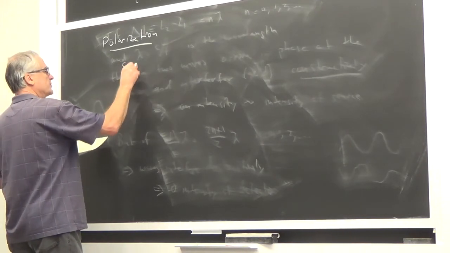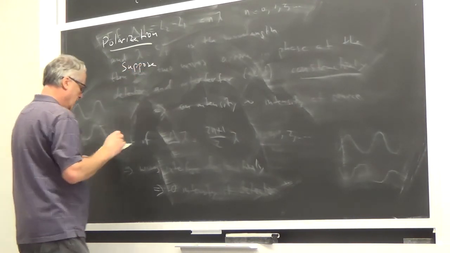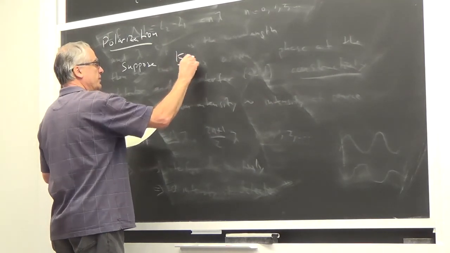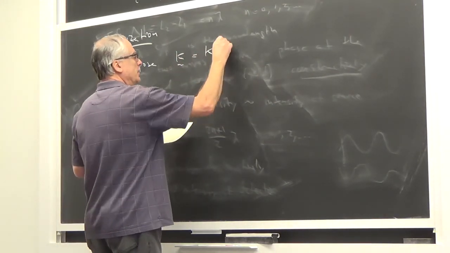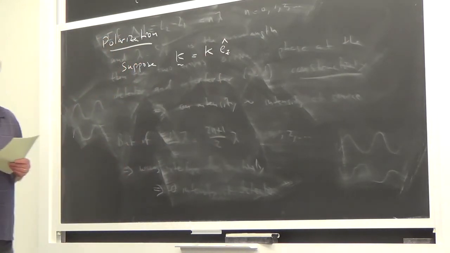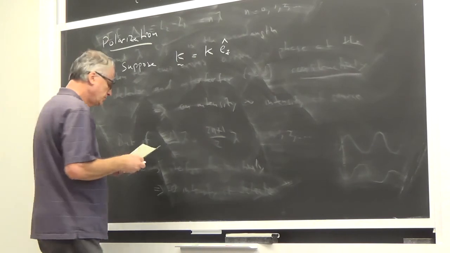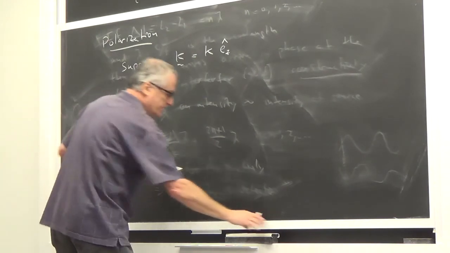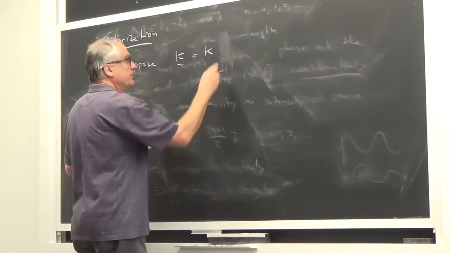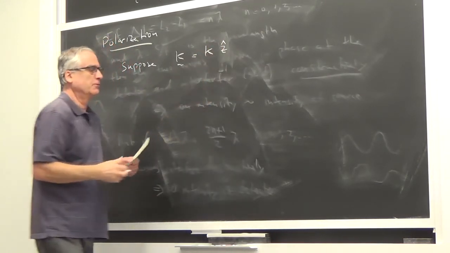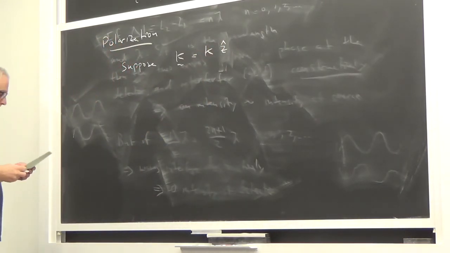So let's suppose, for the sake of illustration, that our wave vector is along the z direction. E sub z is a unit vector in the z direction. I could just write it as, I wrote it as z hat before, so let me be consistent with the way I wrote it before. Okay.